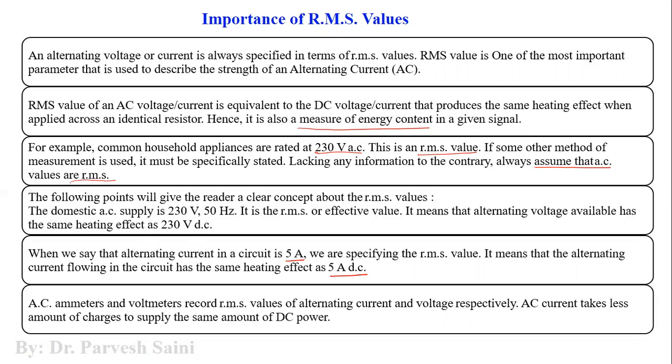And one of the very important advantages of AC signals is that AC current takes a smaller amount of charge to supply the same amount of DC power, right? So that means to run a particular electrical load with DC and AC, we need less AC power as compared to DC.